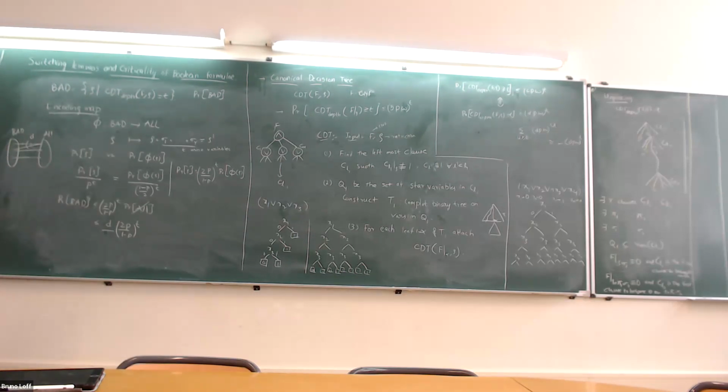Along this path, there are some variables that are queried. Sigma 1 sets the first block of these variables to 0, sigma 2 sets the second block, and so on, and in the last level, sigma r sets the last variables to 0. Now you're considering this map, which takes a restriction rho and maps it to the restriction rho prime, which additionally, besides all the variables that were set by rho, sets all of the sigmas to 0.